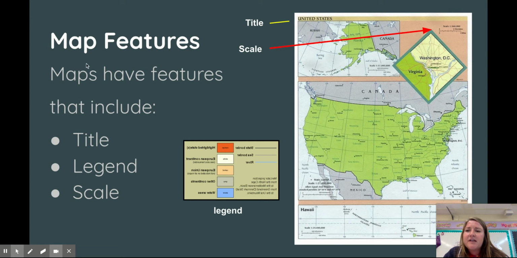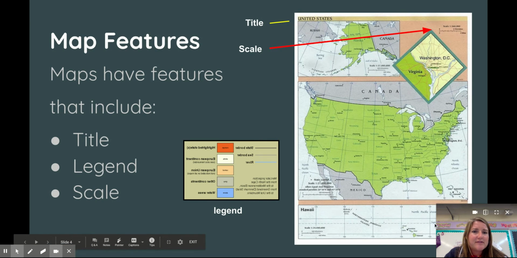So I want you to look here. We have some map features. I have a title here. This is the United States, right? We see Alaska, and at the bottom we have Hawaii because those do not connect to us on the mainland. We have a legend. This one is backwards, but it is telling us what these colors can mean, right?